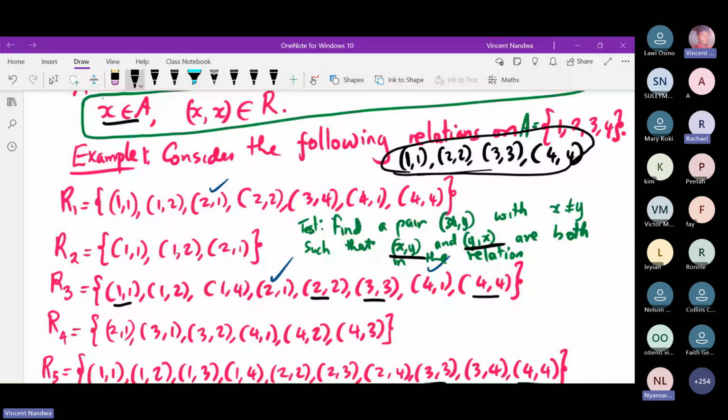Because we are having (y, x) interchanging the roles with (x, y), so that the two numbers x and y interchange roles, and both elements are within the same relation, and the numbers are different. So that one alone disqualifies the relation from being antisymmetric. Therefore, R1 is not antisymmetric.